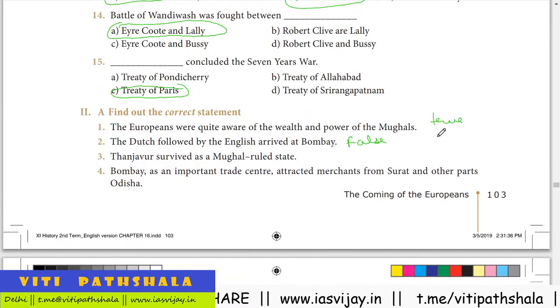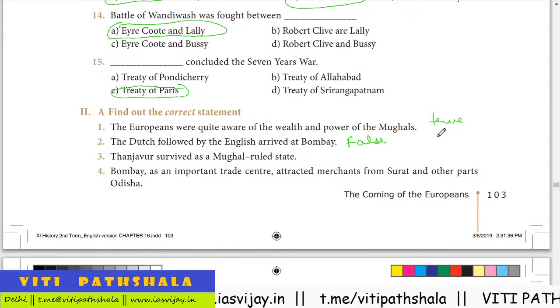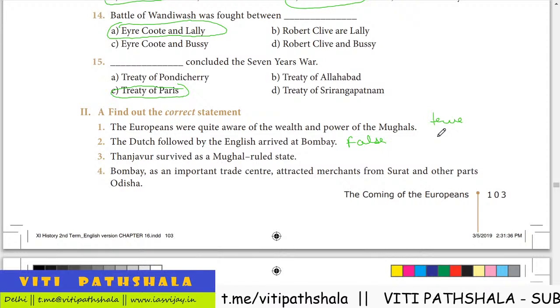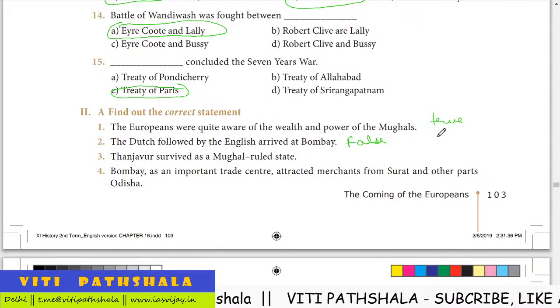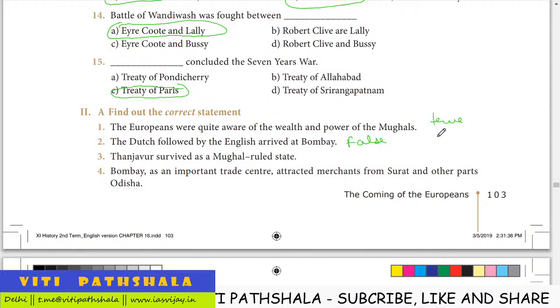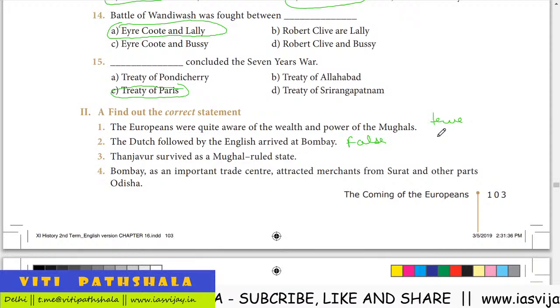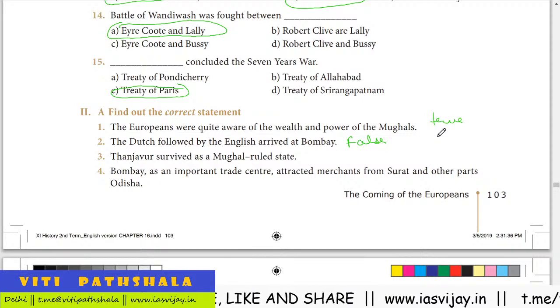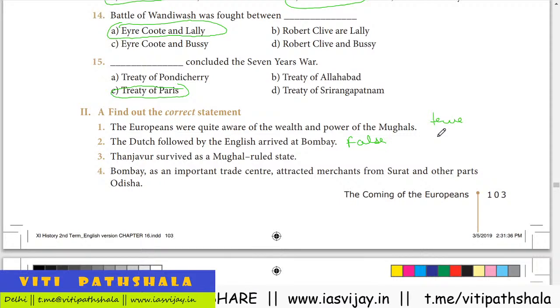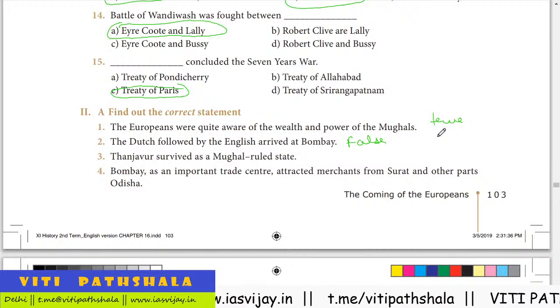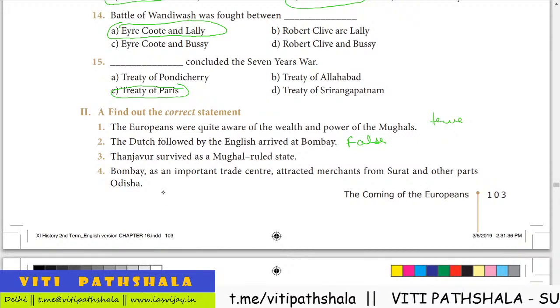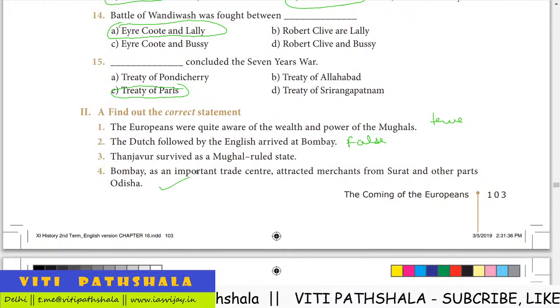Now Thanjavur survived as the Mughal ruled state. Now Bombay as an important trade center attracted the merchants from Surat and the other parts of Odisha. Okay, true.